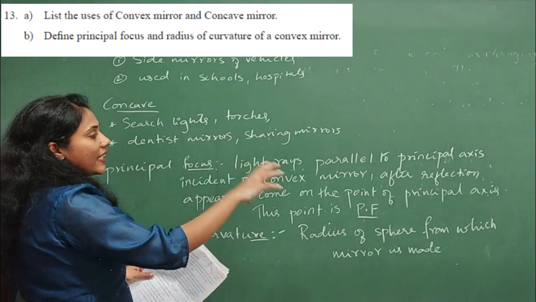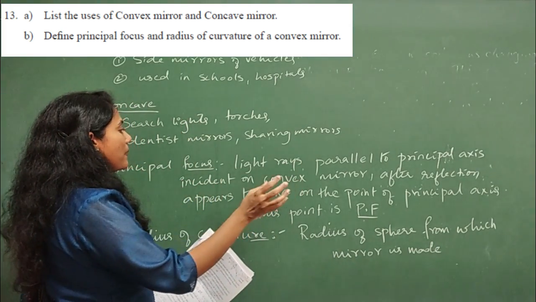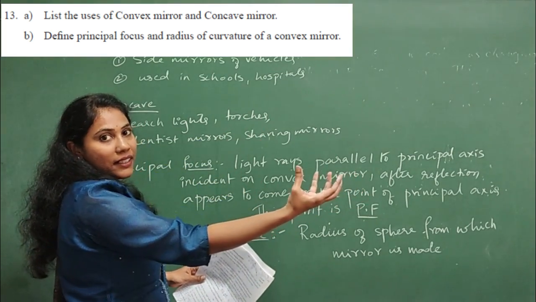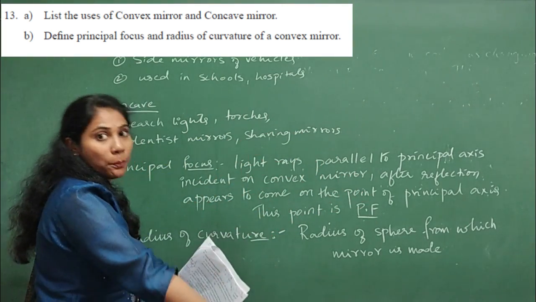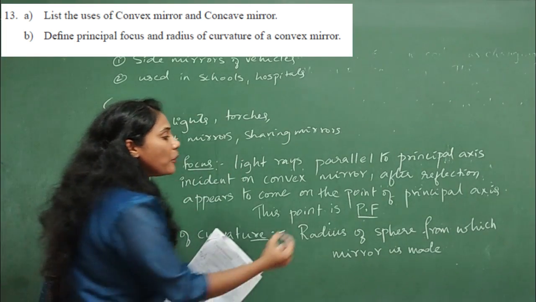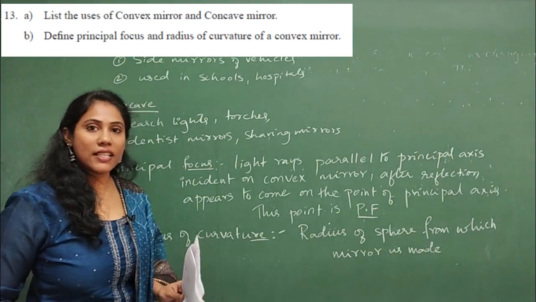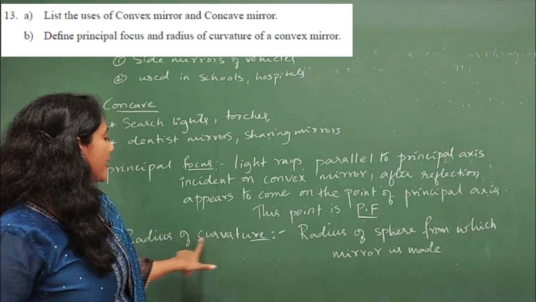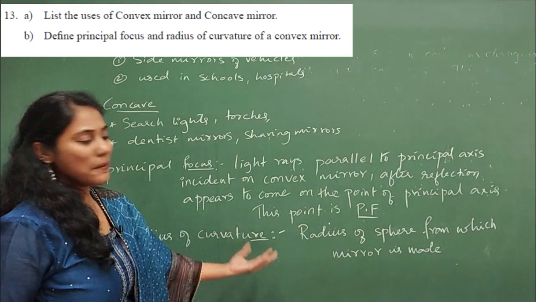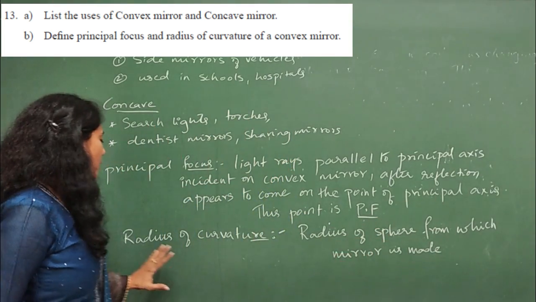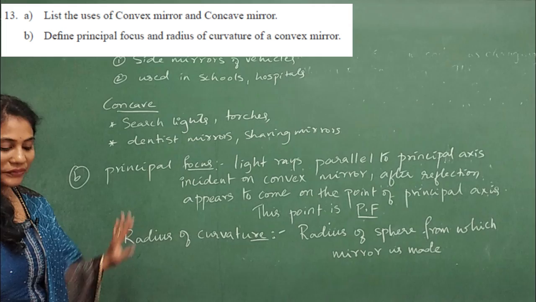So when light rays fall parallel to the principal axis, they appear to meet behind the mirror at a point, and that point is called the principal focus. Okay, fine. And they also asked you the definition of radius of curvature. It's very simple. The radius of the sphere from which the mirror is made is called the radius of curvature, right?